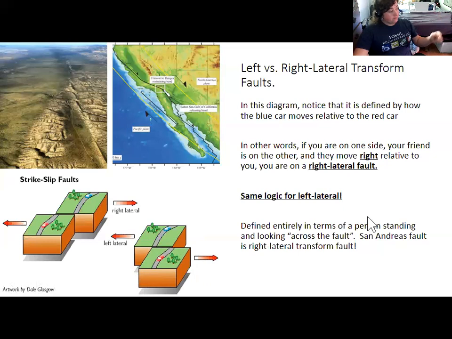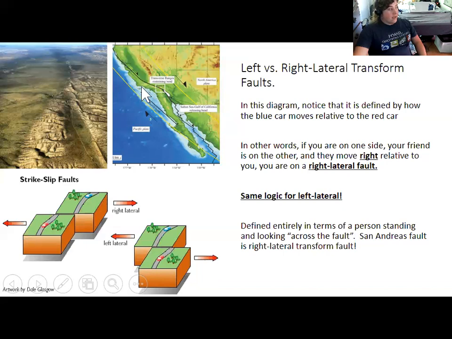The San Andreas fault is a right lateral transform fault because the Pacific plate, which a lot of coastal California is actually technically located on, is moving north, and the North American plate is moving south.